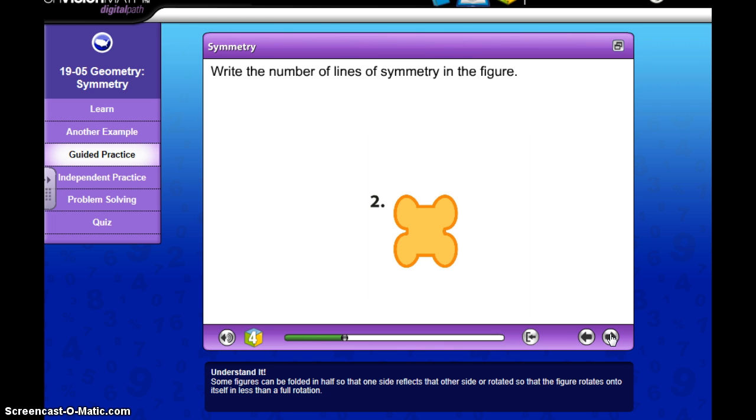Alexis, how many lines of symmetry does this shape have? 4. Okay, can you tell me where they are? Straight across. That looks good. Straight up and down? In the middle? Okay. That looks good. Do you think diagonal?